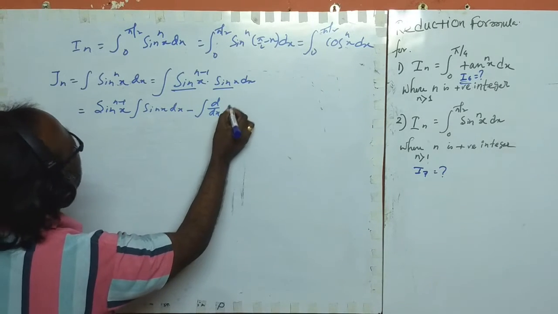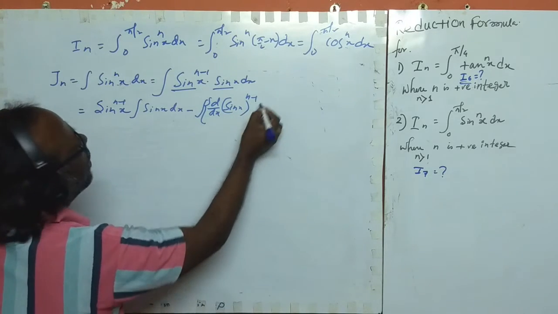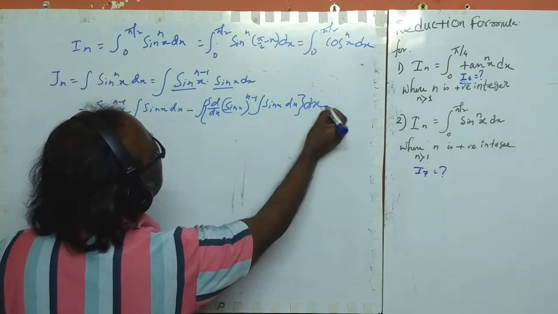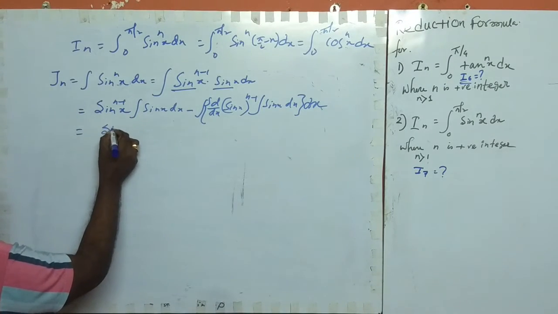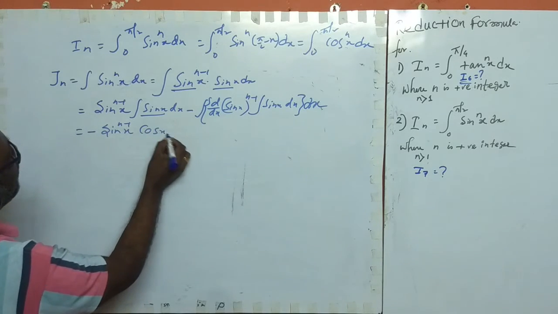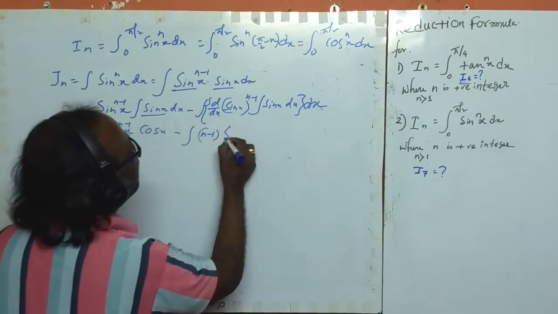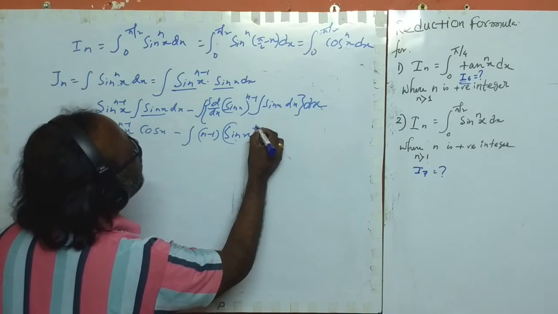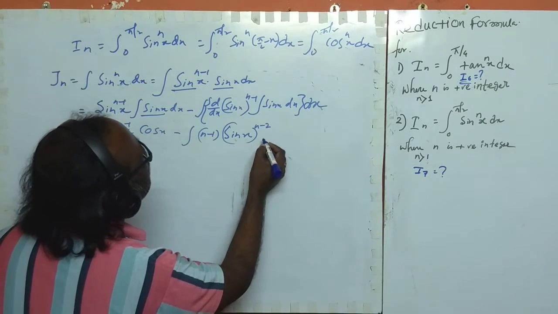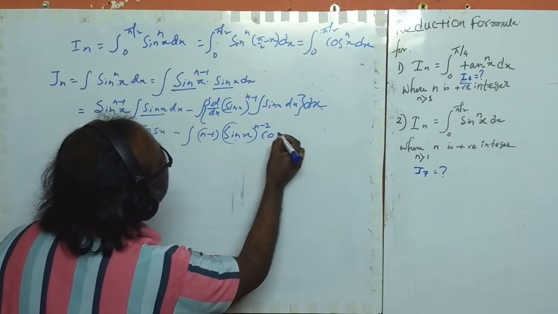Integration of sin x is minus cos x, and the differentiation of sin x to the power n minus 1 is n minus 1 times sin x to the power n minus 2, and the derivative of sin x is cos x.